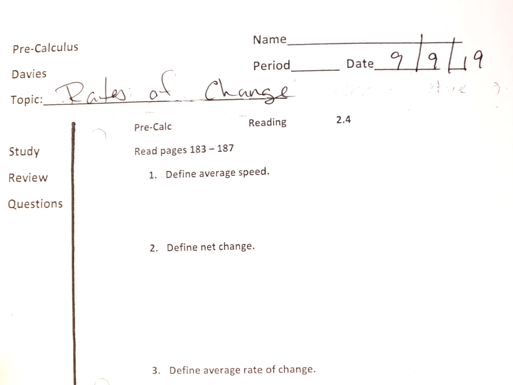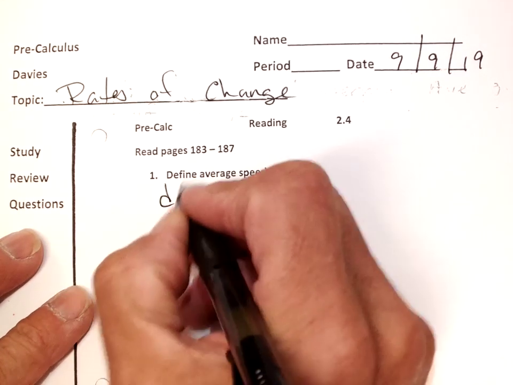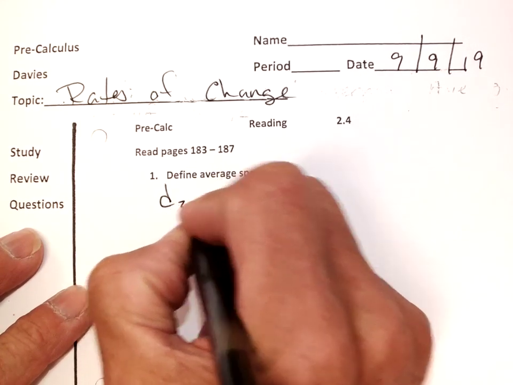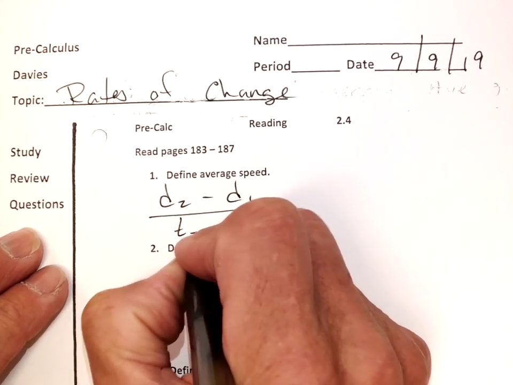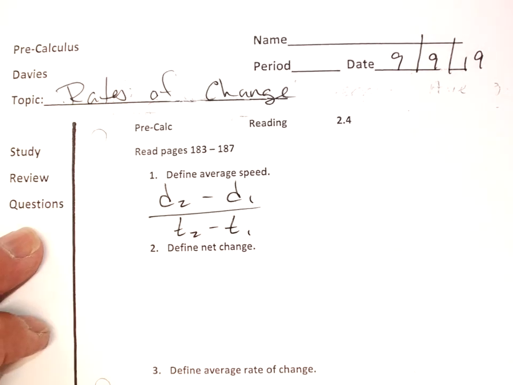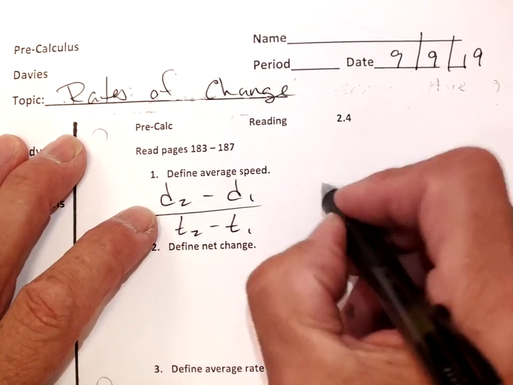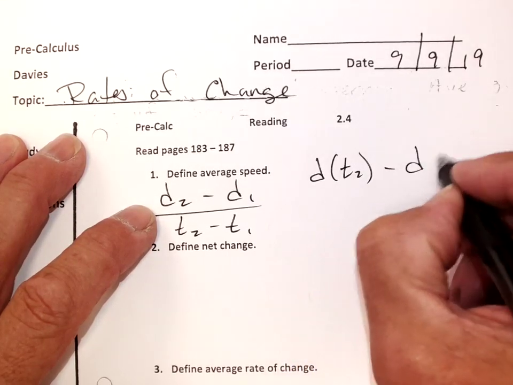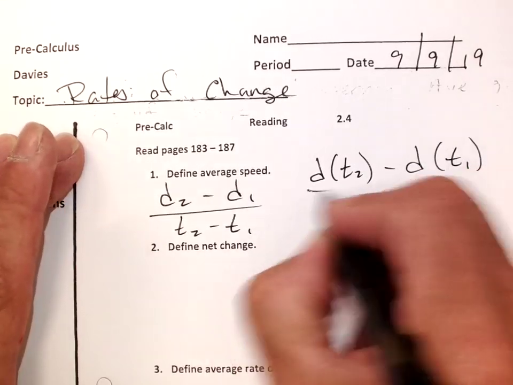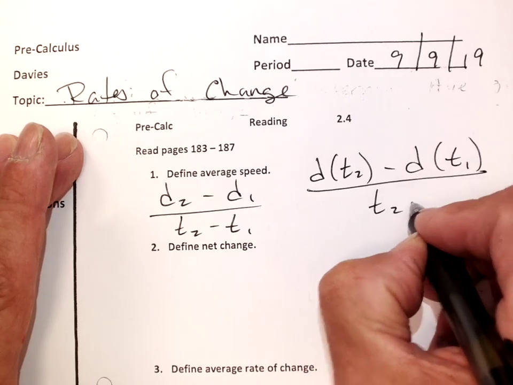So it really is distance 2 minus distance 1 divided by time 2 minus time 1. Or if I rewrite that, d of t2 minus d of t1 all over t2 minus t1.